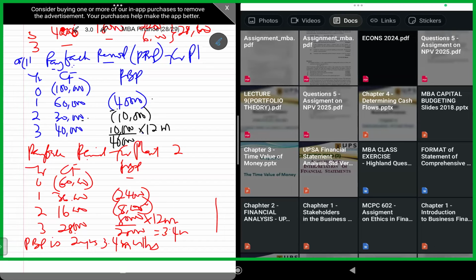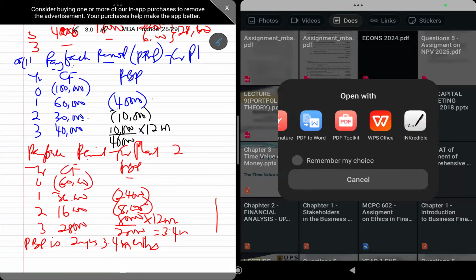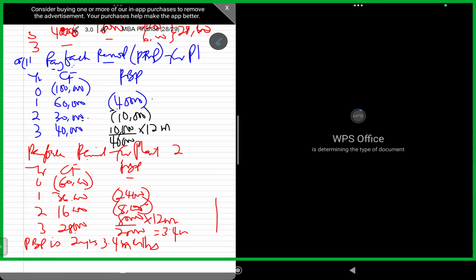2 years, 3.4 months. So now for the first one, we got 2 years, 3 months, but that is for plan 1. And plan 2, 2 years, 3.4 months. Now, the question was saying we should comment on each.